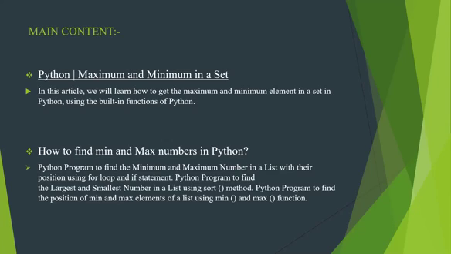Python program to find the minimum and maximum number in a list with their position using a for loop and if statement. Python program to find the largest and smallest number in a list using the sort method. Python program to find the positions of minimum and maximum elements of a list using the min function and max function.